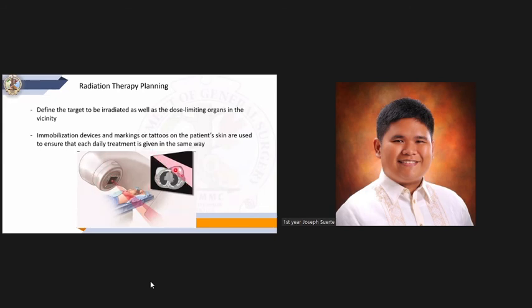As you can show, this is a focused beam of radiation hitting this tumor inside the breast. Then our aim for this is to prevent it from hitting other organs that have a lesser risk of acquiring the tumor.